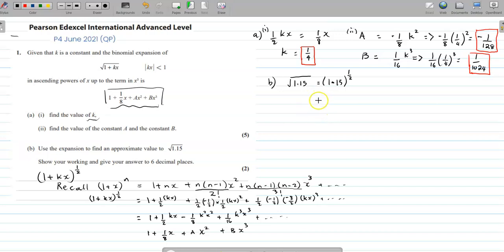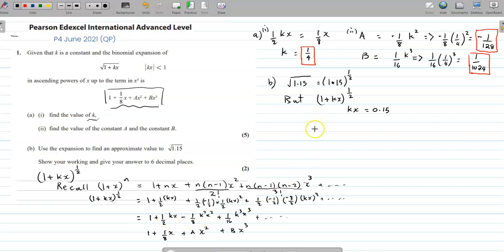We have (1 plus kx) to the half, so it means that kx here would be 0.15. So we're going to use our binomial expansion to get an approximation.